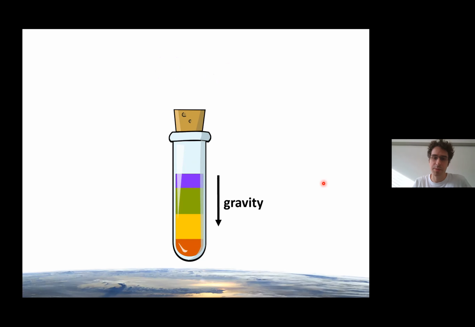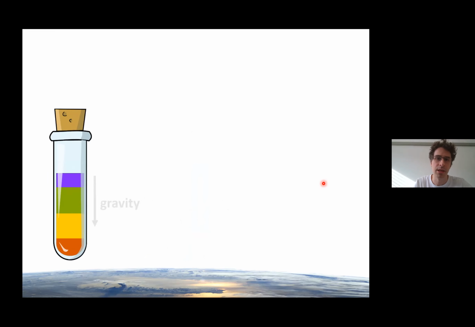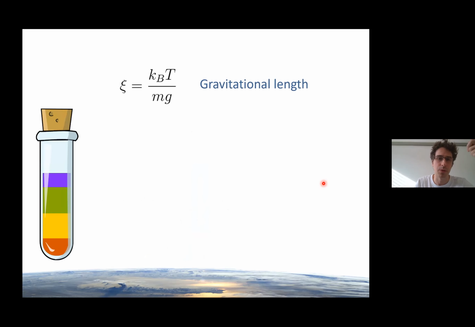gravity. These experiments are performed under a gravitational field, and a gravitational field is super important in colloidal systems. If you want to have an idea, to estimate how important gravity is in your system, you can calculate the gravitational length, which is the ratio between kBT and the buoyant mass of the colloidal particles times the gravity.